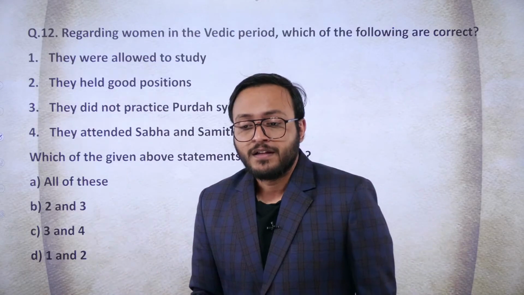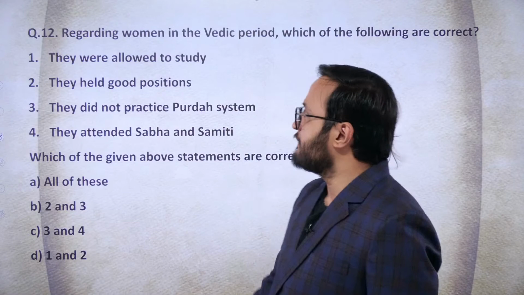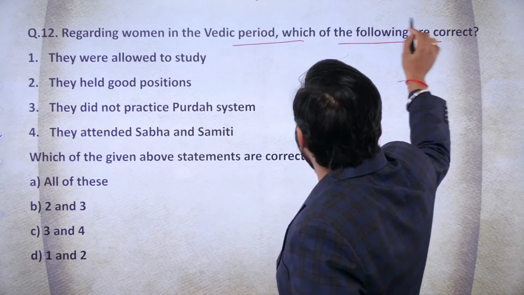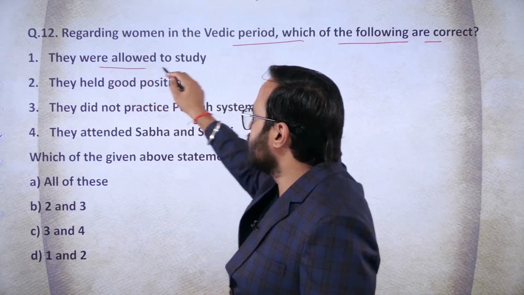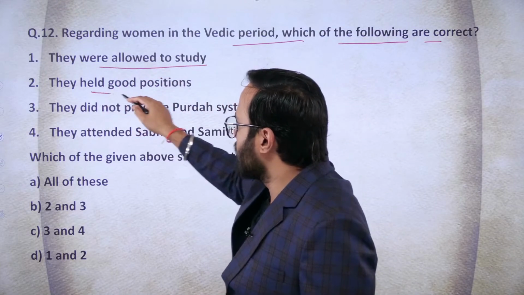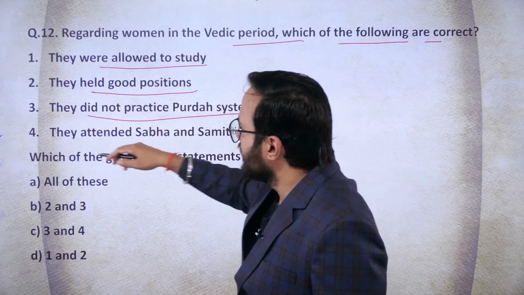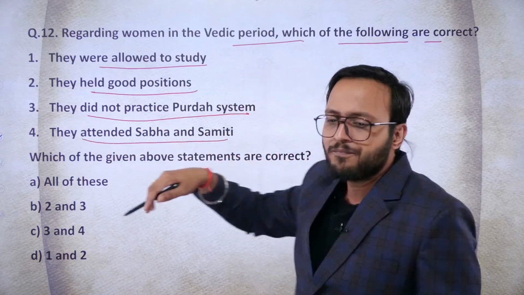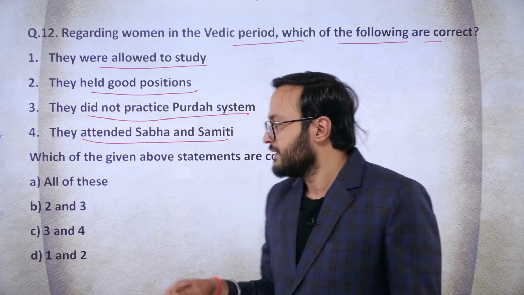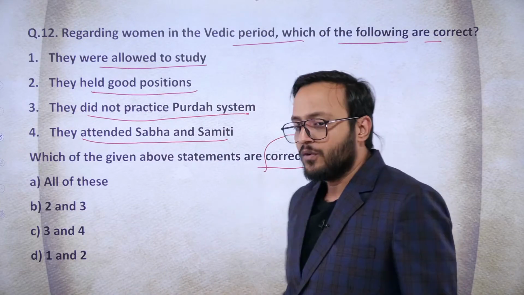Okay. Moving to the next question regarding the women in the Vedic period, which of the following are correct? They were allowed to study, they held good positions, they did not practice the Parda system, they attended the Sabha and Samiti. Which of the above statements are correct? Okay, everyone.